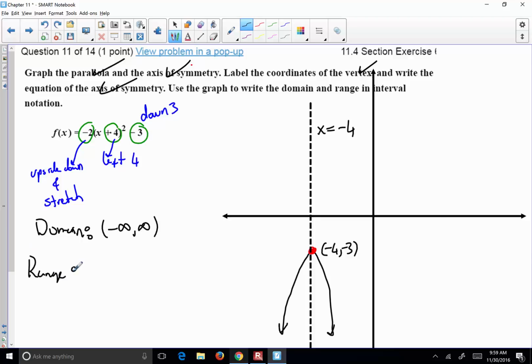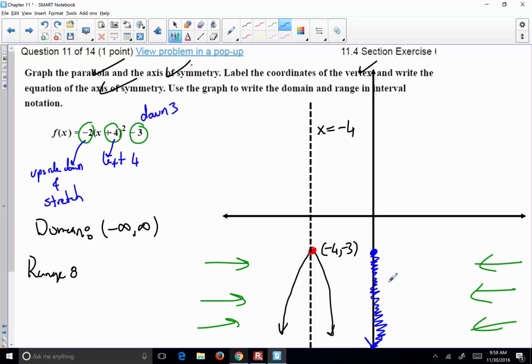But the range, help me find range. Now smash this from the sides to the y-axis, what's the picture? Is this so? Correct? So how do you write this? Minus 4 is this value, right?